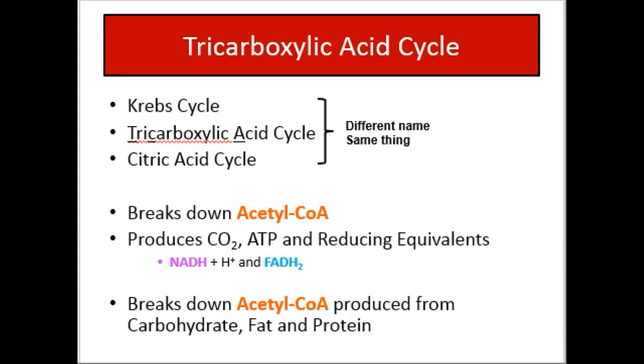As I mentioned, the TCA cycle breaks down the acetyl-CoA that we've produced through beta oxidation, which we looked at earlier in this lecture, and also through the conversion of the pyruvate that was produced through glycolysis. So we have a bunch of acetyl-CoA molecules that we want to break down further in order to produce ATP.